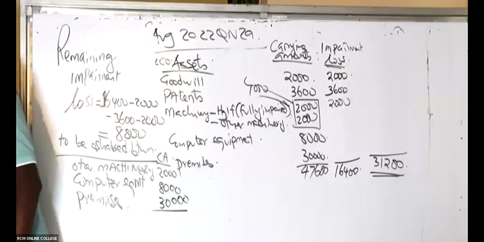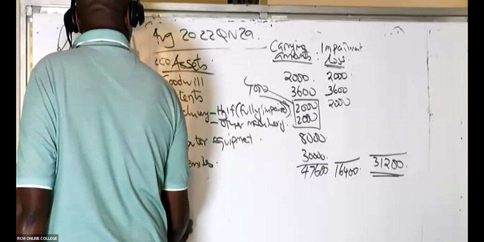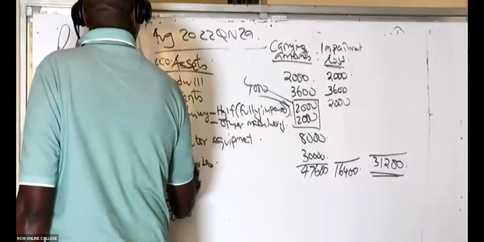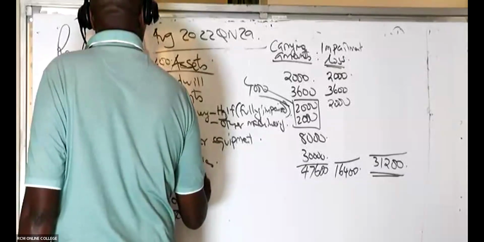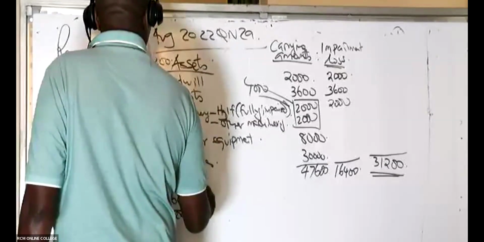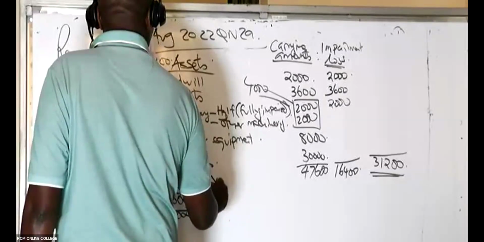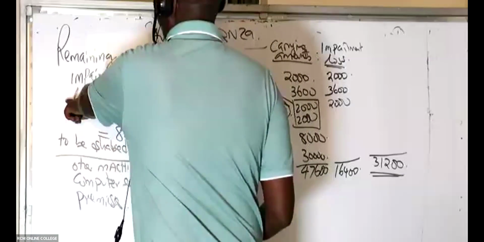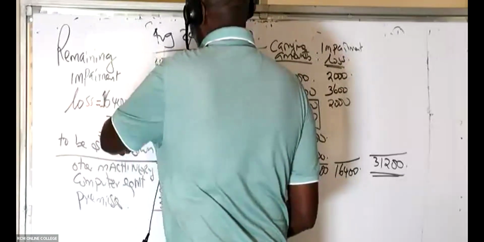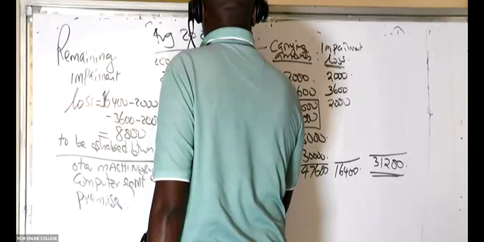Gera gives me 40,000. So it will be 2,000 over 40,000, times the balance of the impairment loss that we are sharing out, times 8,800.